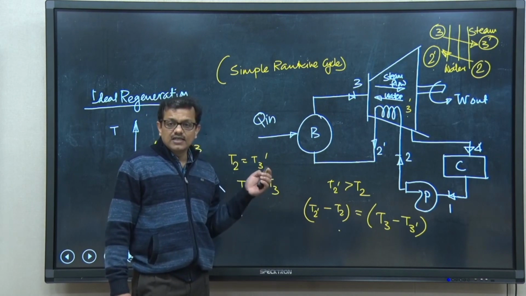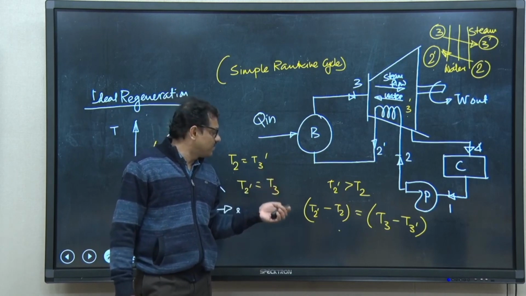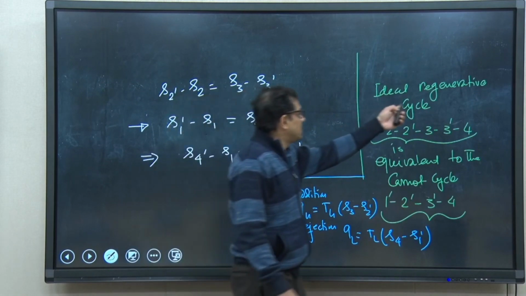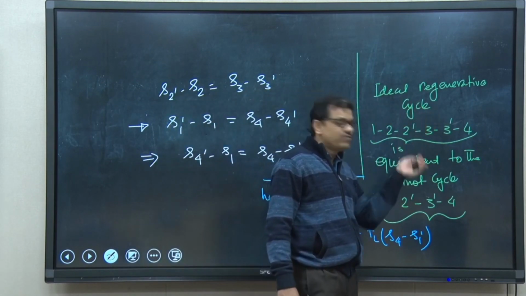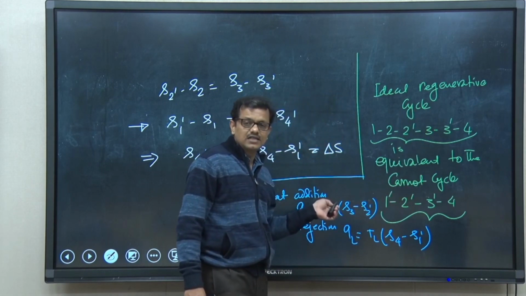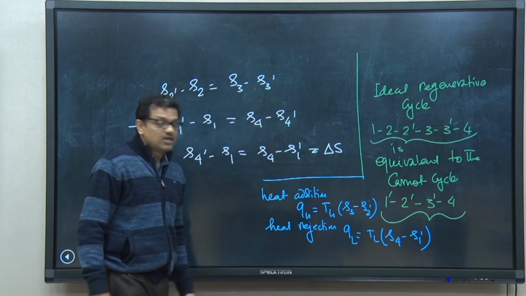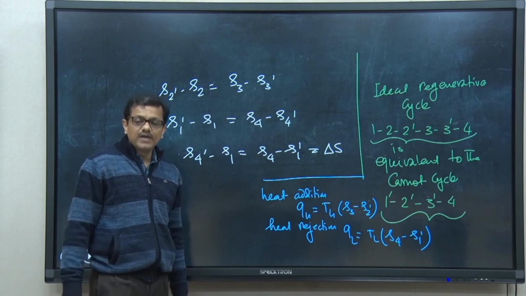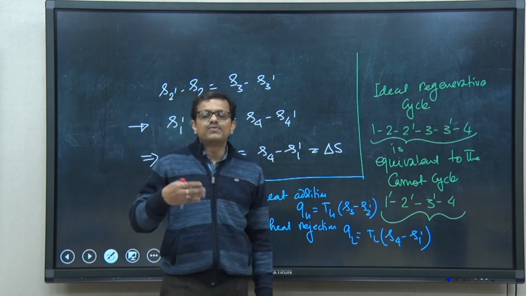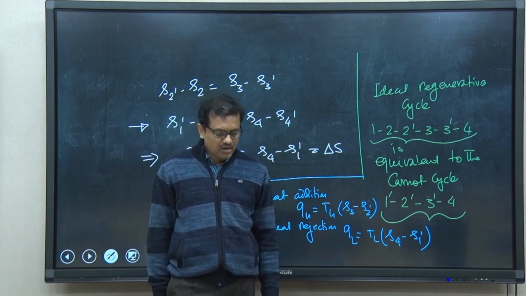But regeneration not only improves the efficiency, as we have seen from today's discussion, because we could show that the ideal regenerative cycle is equivalent to the Carnot cycle, with constant temperature heat addition and constant temperature heat rejection, but it also provides a convenient means of deaerating the feed water before it enters the boiler. That part we will discuss in the next class.